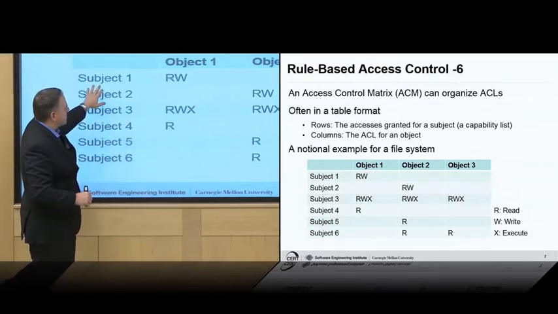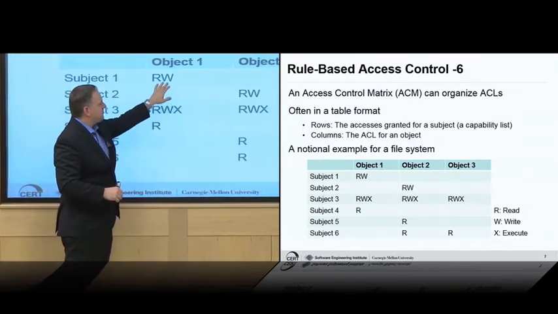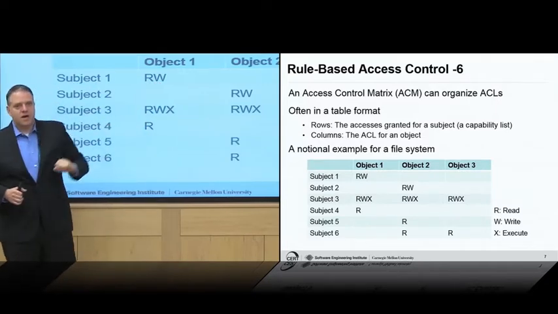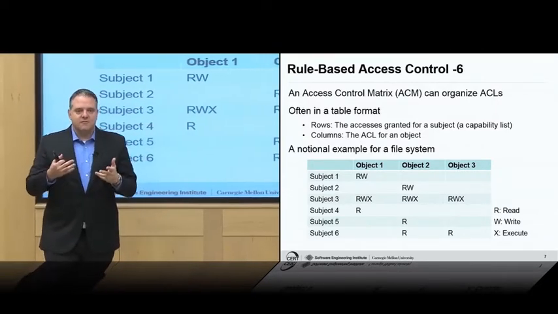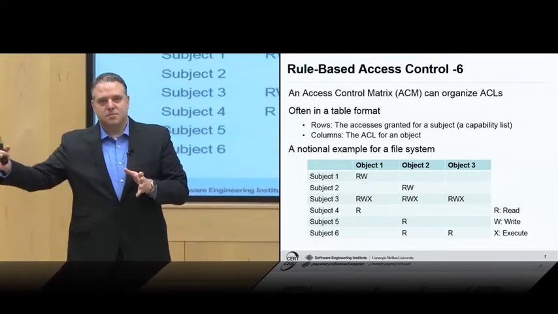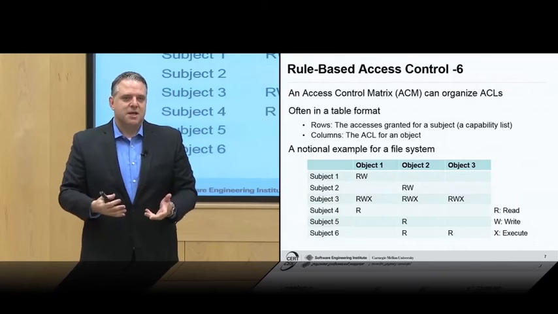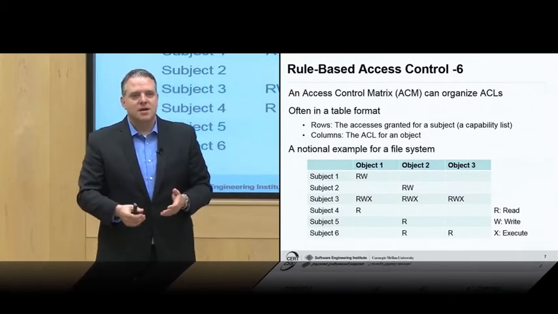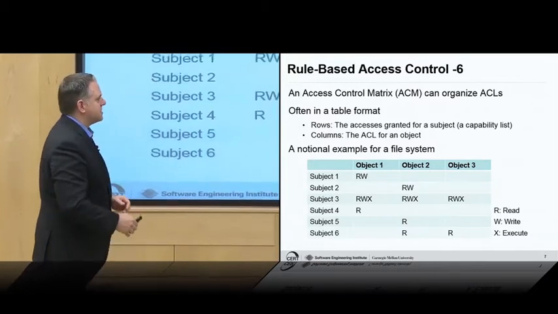So for subject 1, person 1, for object 1, whatever that object might be, I'm allowed to read and write it. These get very ungainly when you have multiple subjects and multiple objects. So generally speaking, these are great for visualizing rule-based access control approaches, but terrible for the actual implementation of it.